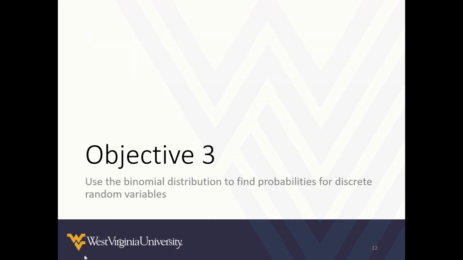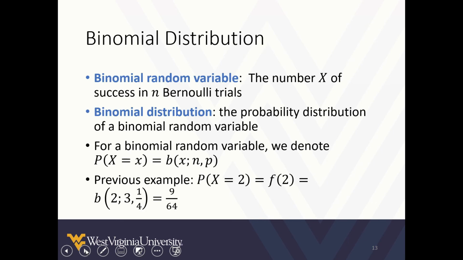So now that we've taken a look at the most basic of the discrete probability distributions, let's start looking at the binomial distribution. And this has a natural extension to the Bernoulli trials. A binomial random variable is the number x of successes in n Bernoulli trials.